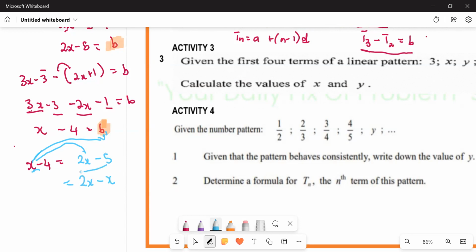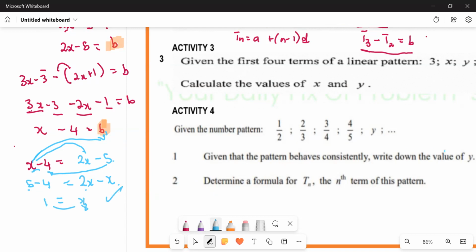Then take this one to the other side: minus 4 plus 5, because 5 is positive. So we have 5 minus 4. What do you get? 1. So 2x minus x, and it means our x is going to be equal to 1.